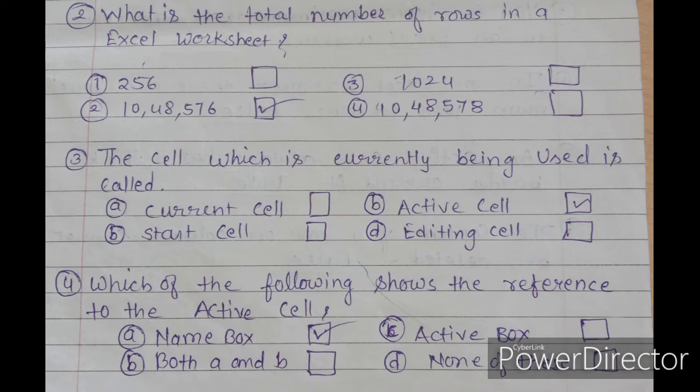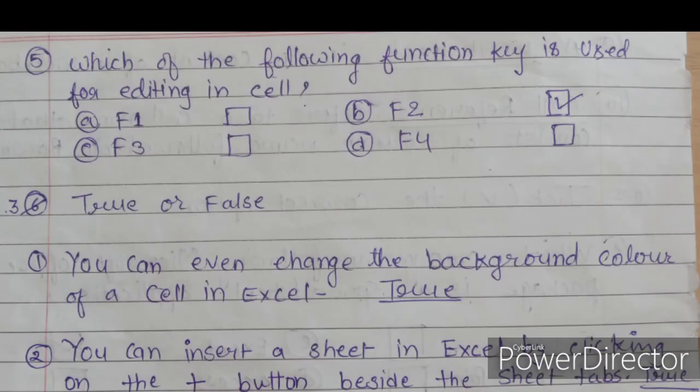The cell which is currently being used is called the active cell. Which of the following shows the reference to the active cell? That is the name box. Which of the following function keys is used for editing in a cell? That is F2.